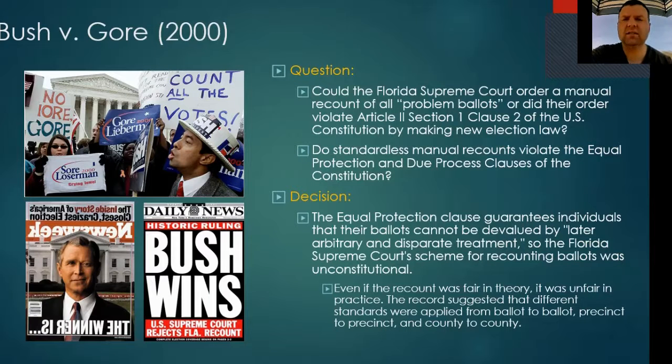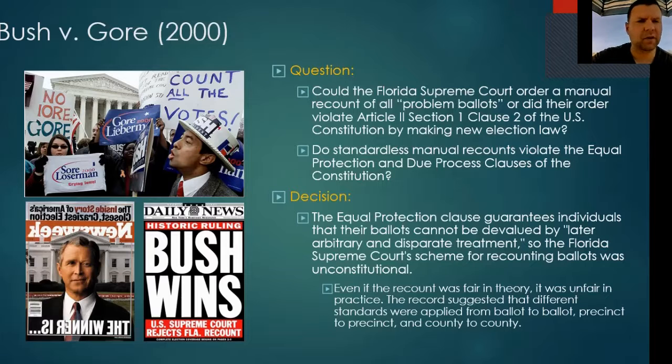And then finally, a case that gets talked about sometimes, Bush versus Gore, a very contested election in 2000 between George Bush and Al Gore. In Florida, there were some complications with the voting system, and there was a recount, and they kept recounting votes.